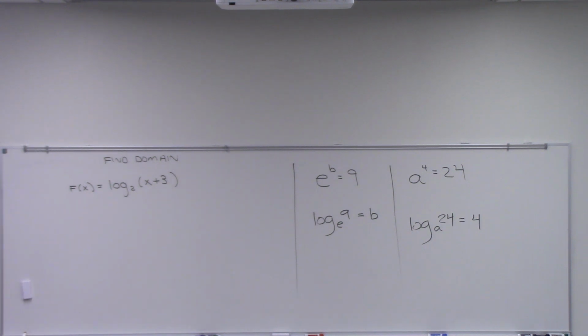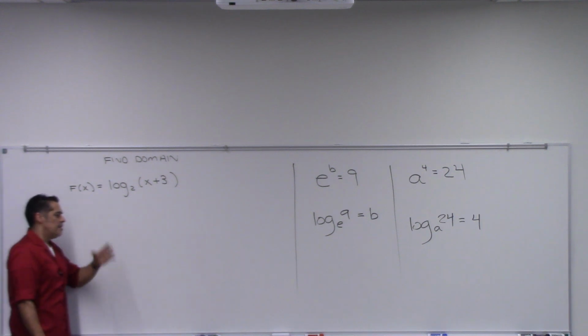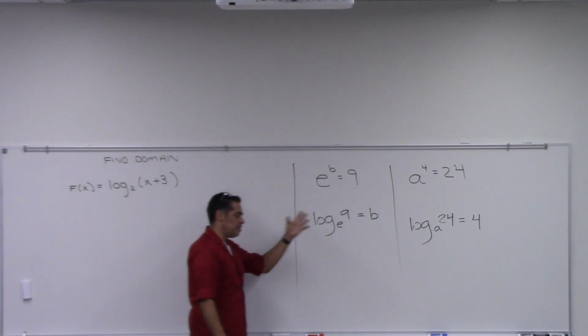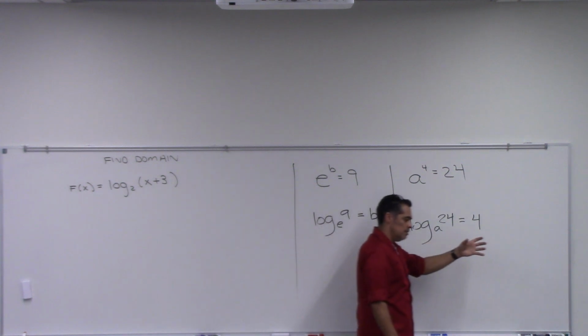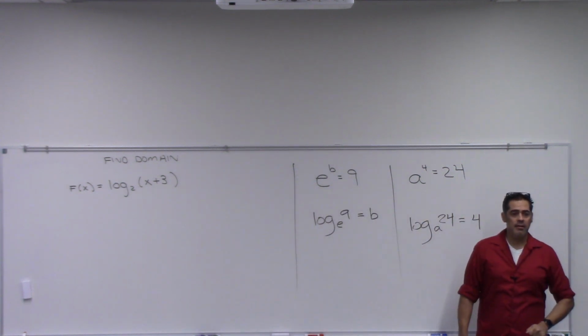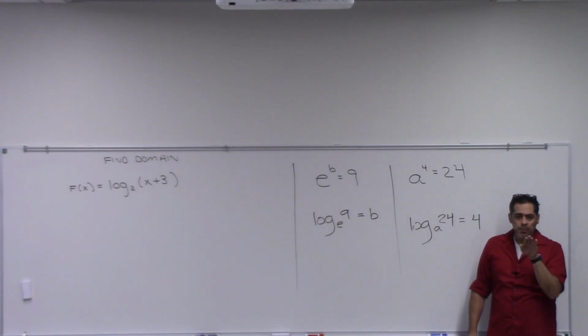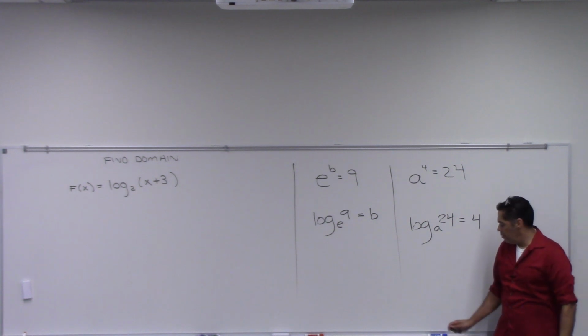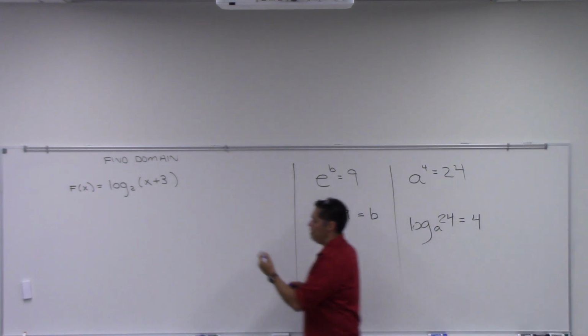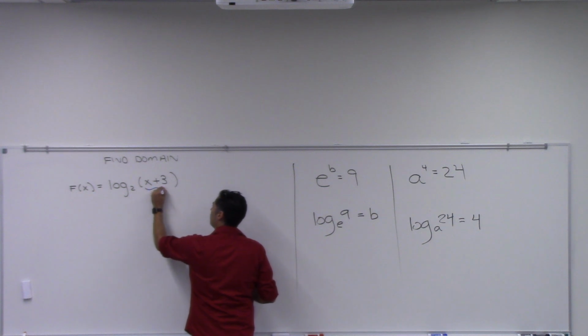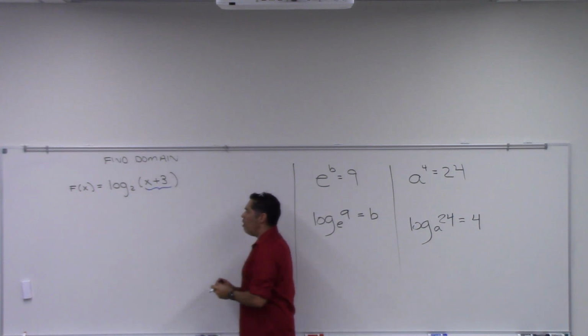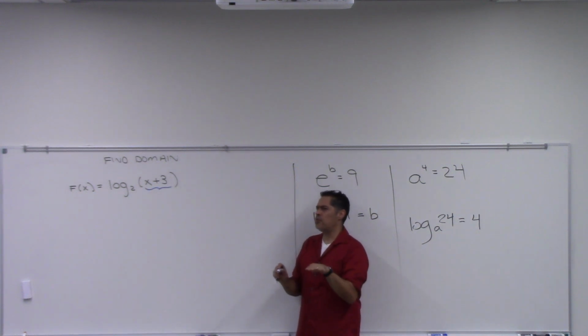So the domain of a log function, right? We already said that you can only plug what into log functions? Positive numbers, right? Whatever gets plugged in must be positive. Do y'all know what you call the thing that gets plugged into a function?